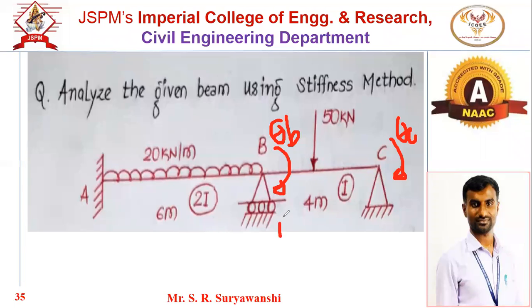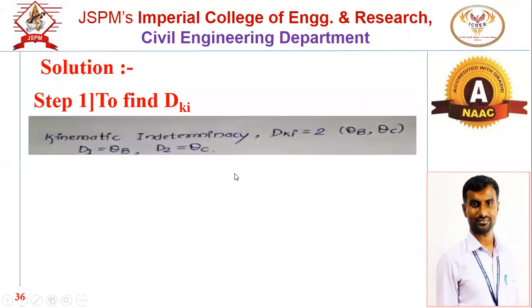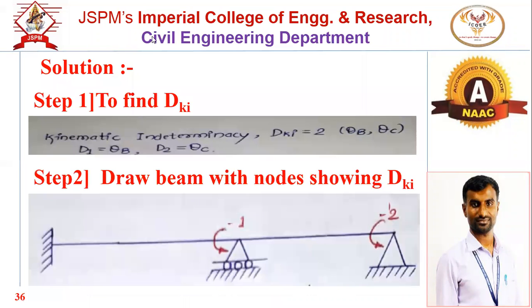Now you can number 1 for B and 2 for C, and the same numbering we have to maintain. You can consider left to right, or you can consider 1 for C and 2 for B, it's up to you. I will consider 1 for B and 2 for C. So D1 will be theta B and D2 will be theta C. So these are the beam with node points: 1 is for B and 2 is for C.